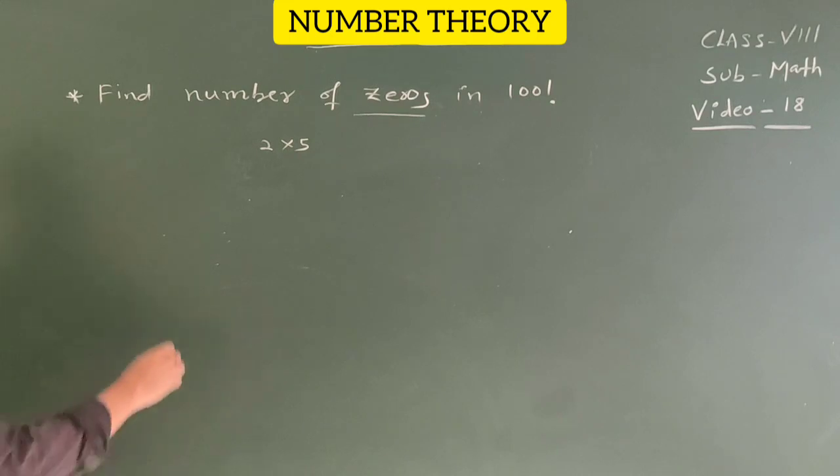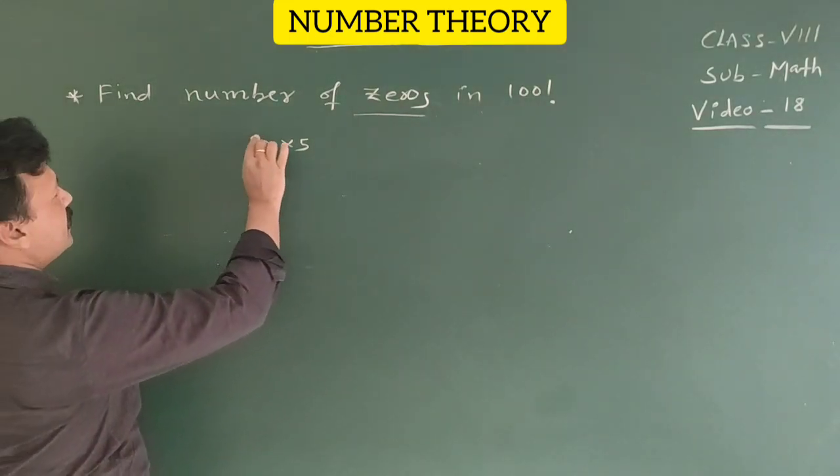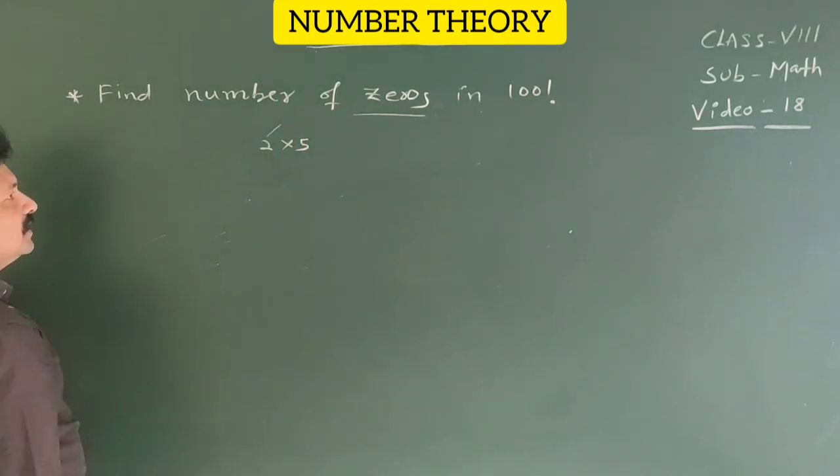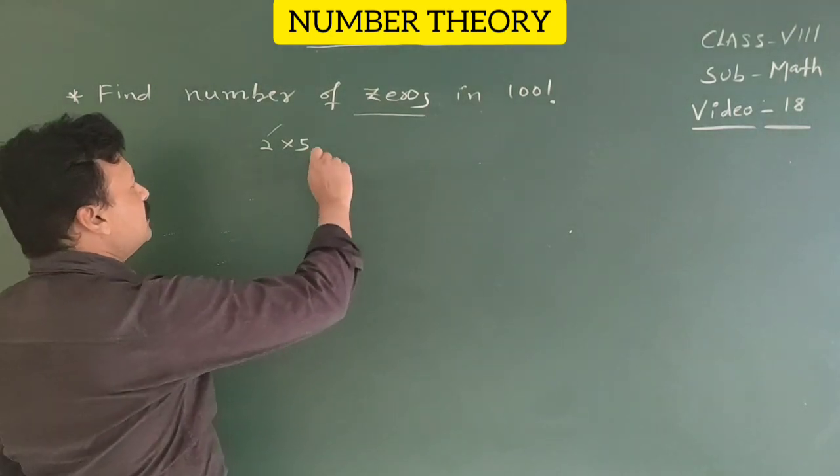We first need to find the highest power of 2 contained in 100 factorial, as well as the highest power of 5.